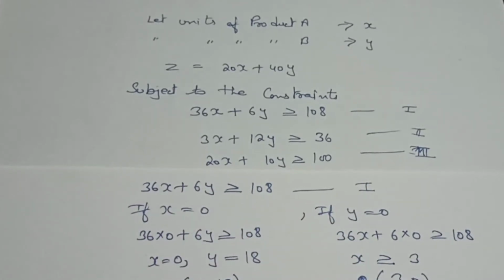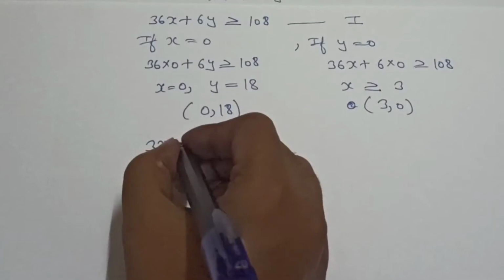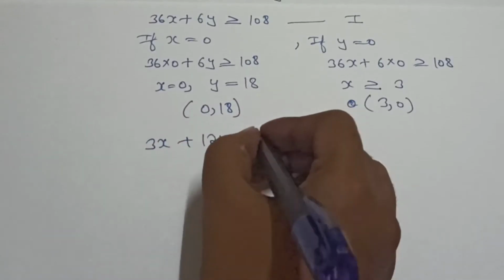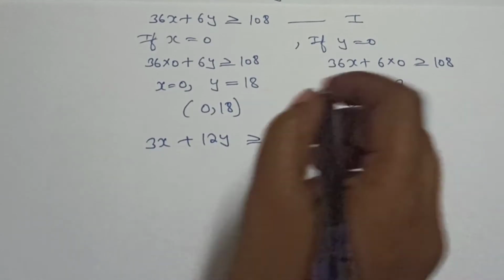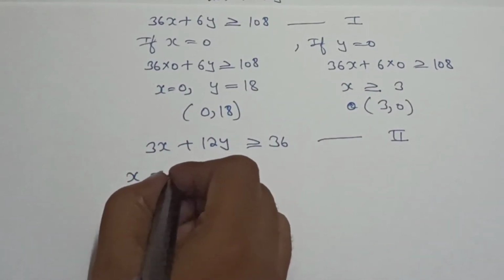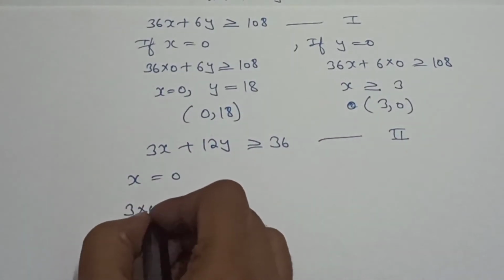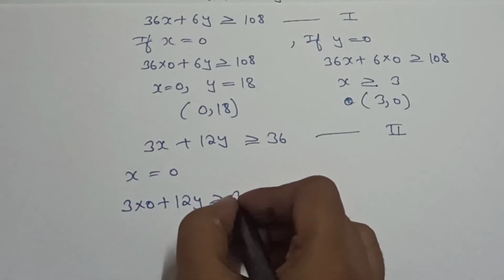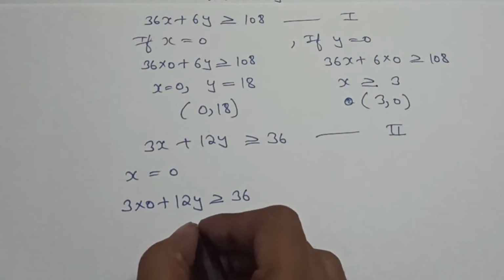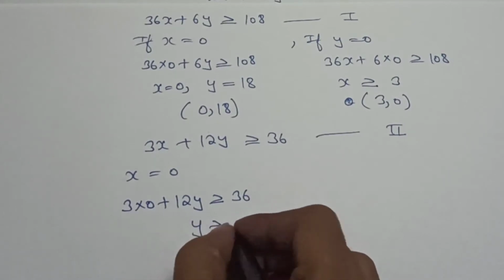Our second equation is 3x plus 12y greater than or equal to 36. If x is equal to 0, 3 into 0 plus 12y is equal to 36. So we can say y is equal to 3.